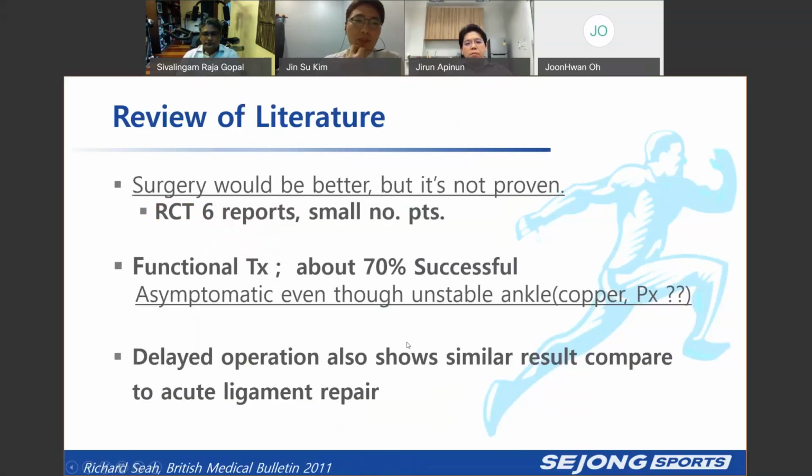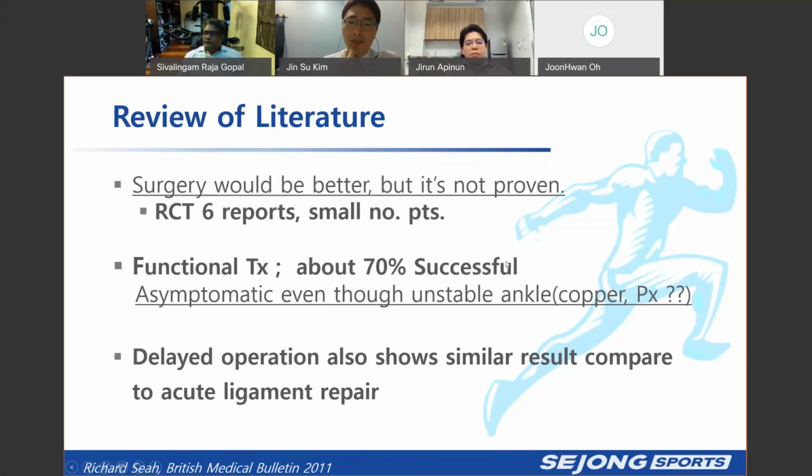So we can see that in the reviewed literature, surgery would be better, but it's not proven. We have a very small number of randomized controlled studies and small numbers of patients. And functional treatment is very successful, even just 70% successful.